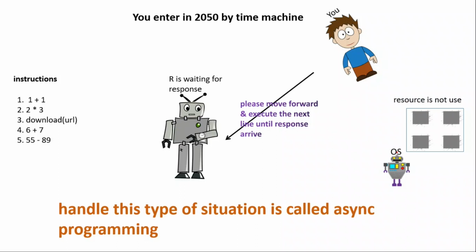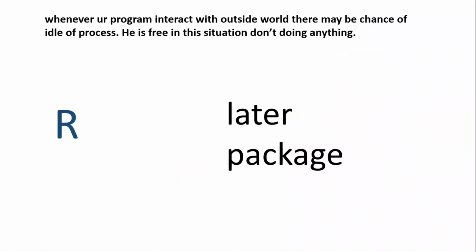I hope you understand till now what I am saying. Now, a processor is free whenever your program interacts with the outside world. Suppose you want to do input/output, like reading a file from the disk, and there is a virus on the hard disk, and the operating system is very alert in this situation and does not give permission quickly.